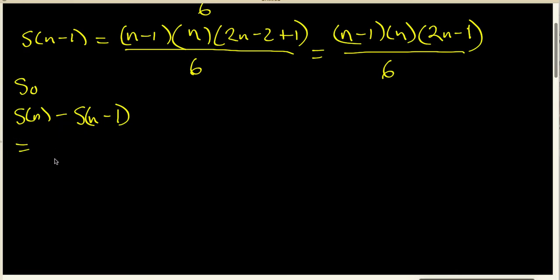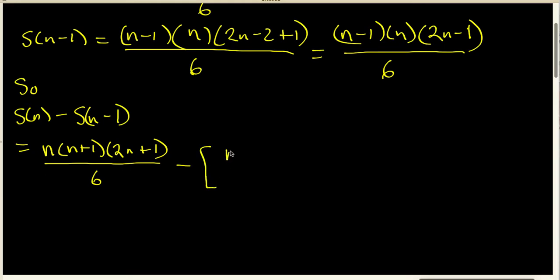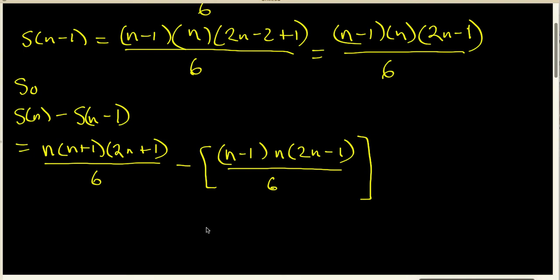Sn minus Sn minus 1 is going to be n times n plus 1 times 2n plus 1 all over 6 minus the expression that we just got done computing up there, which is n minus 1 times n times 2n minus 1 all over 6. Now, a lot of students, when they're being asked to simplify this kind of algebra, start out by trying to multiply everything out, and things can get pretty bad pretty fast.